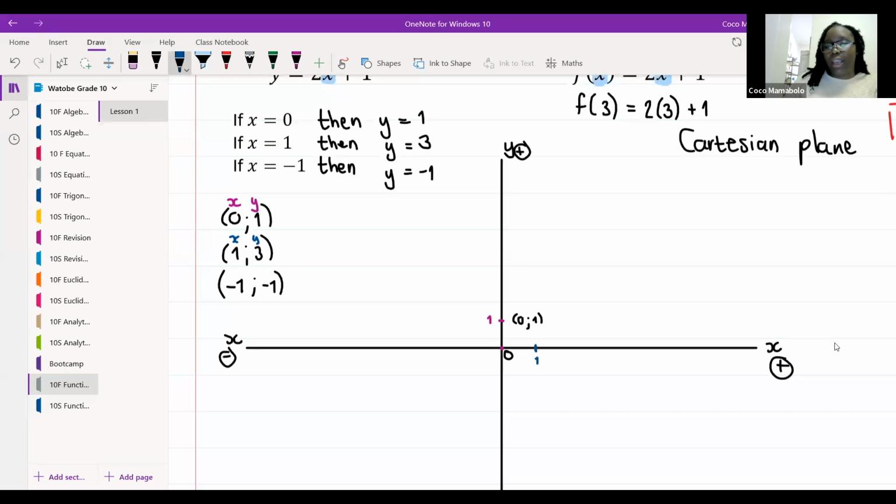It's right there in the answer that I gave you. X value is 1, y value is 3. Good, it's 3. So I'm going to go up to the positive side of y. Remember, we need to go to the positive side. I'm going to go 1, 2, 3. That's 3.